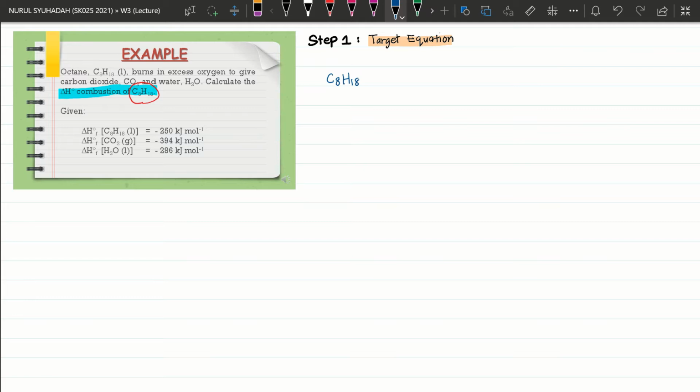By right, the question will give you the phase. Here the phase of the octane is liquid. Since it is combustion, it will be burned in oxygen gas. The product of combustion of a hydrocarbon in excess oxygen will always be carbon dioxide, CO2 gas, plus H2O, and H2O in terms of liquid.